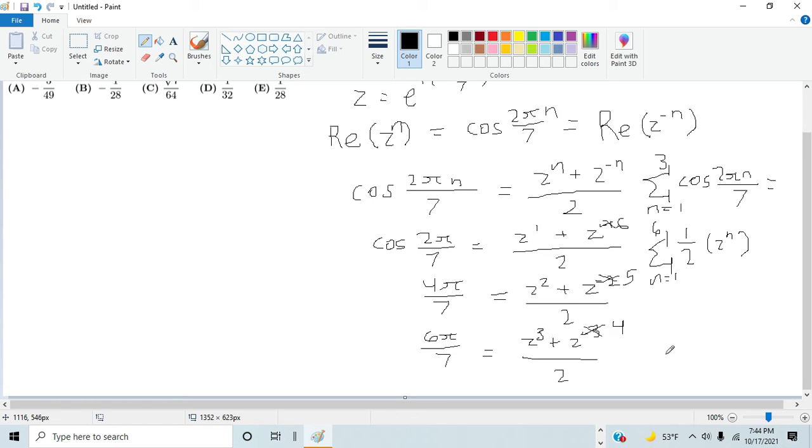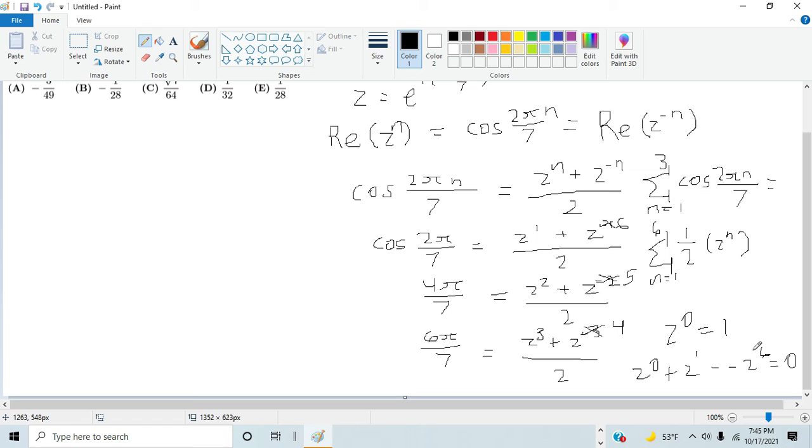Since we're excluding z to the 0 here, which is equal to 1, and we know that the sum of the roots of unity from z0 to z6 is equal to 0, the summation of z to the first, plus z squared, plus z cubed, all the way to z to the sixth, will simply be equal to minus 1.